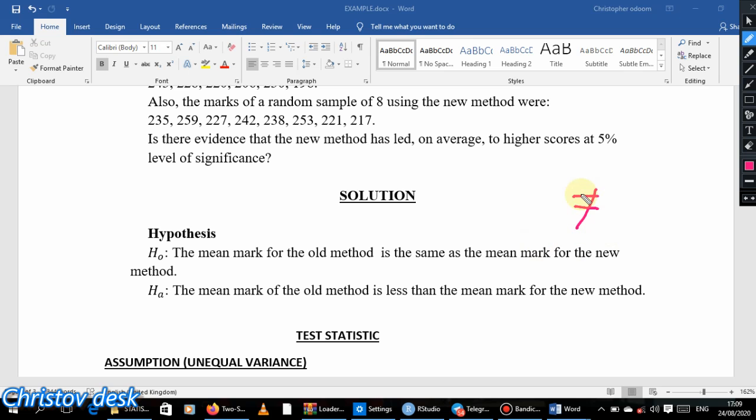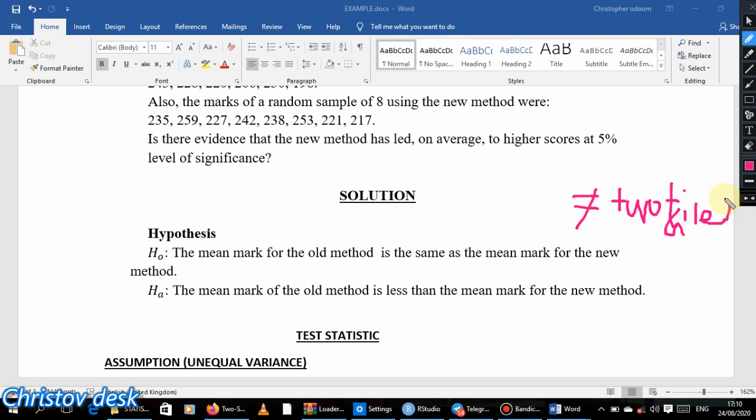We are not showing the direction, we are just saying that they are not the same. In that sense, we are doing what we call a two-tailed test. Two-tailed, it's like the tail of an animal. This is what we are doing.